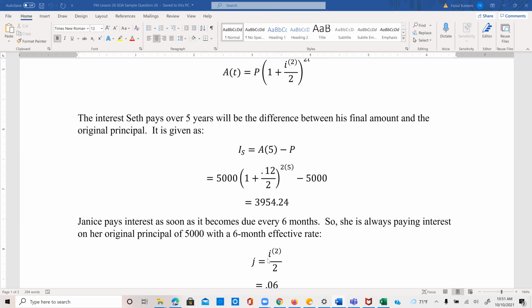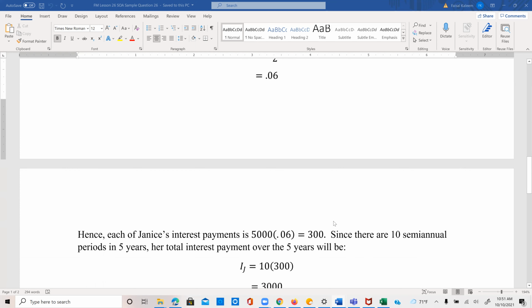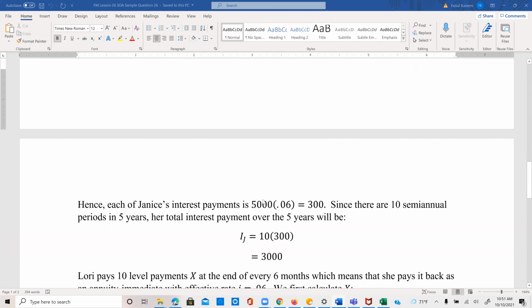And the 6-month effective rate, j, will be i(2)/2. So that's 0.12/2, that's 0.06. So basically, her interest every 6 months, which she pays, would be 5,000 times this 6-month effective rate. So 5,000 times 0.06 is 300.